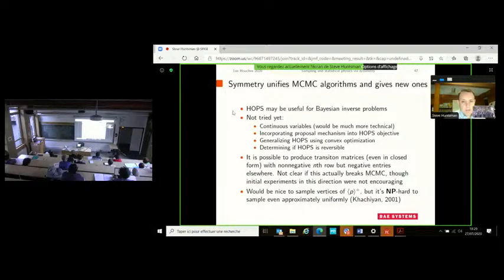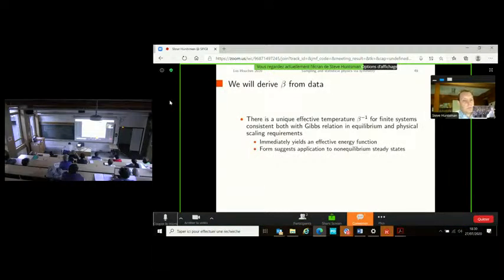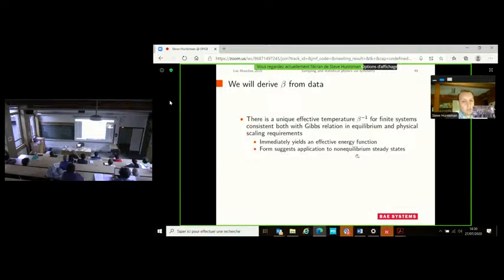So I'm going to, from there, segue into a complementary part of the talk, which is using symmetry to derive statistical physics. And that sounds grandiose, and I think you'll find that claims are, but I hope you'll also find them justified. If we have some data, just statistics of state occupation times, we're going to get an effective inverse temperature.